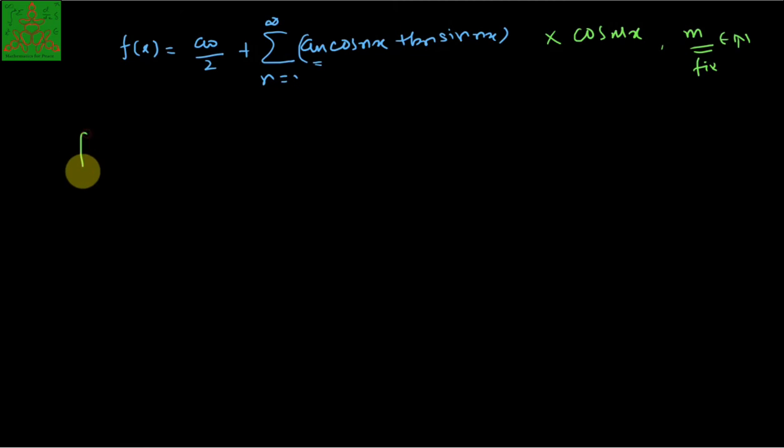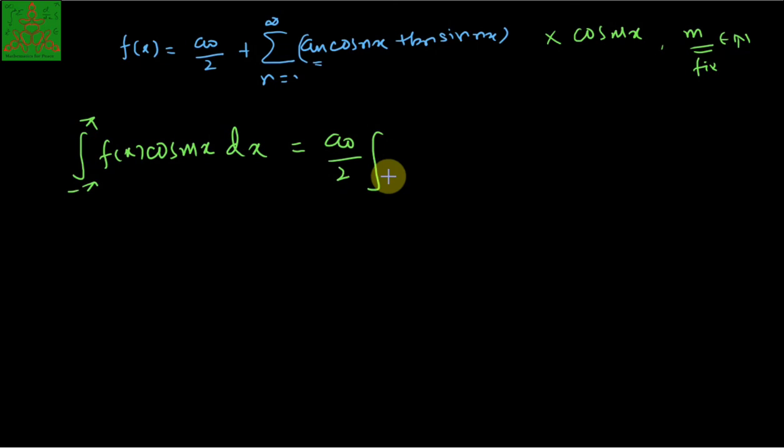That's why it is the integral from minus pi to pi of f(x) cos mx dx equal to a0 by 2, which is a constant quantity, so I can take it outside, the integral from minus pi to pi of cos mx dx, plus summation n running from 1 to infinity.